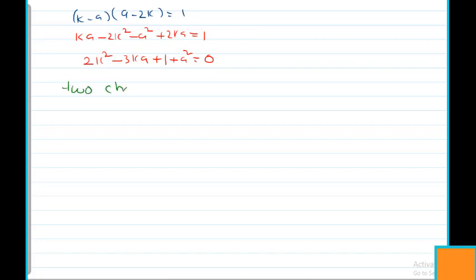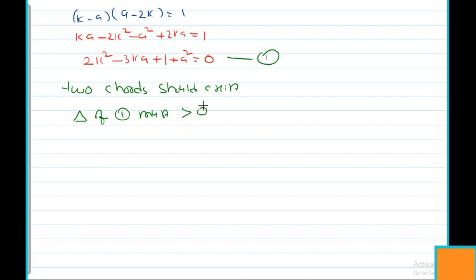That means delta must be greater than 0, meaning this quadratic equation should have two distinct real roots. Only then do two chords exist. Delta greater than 0: b squared minus 4ac greater than 0.